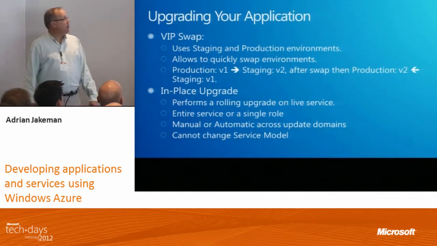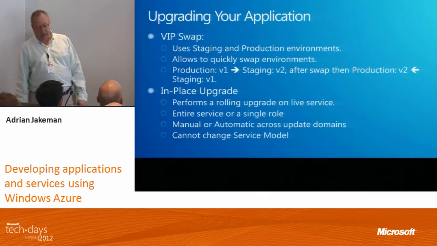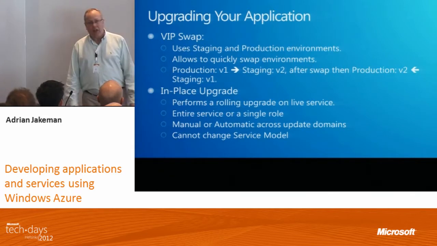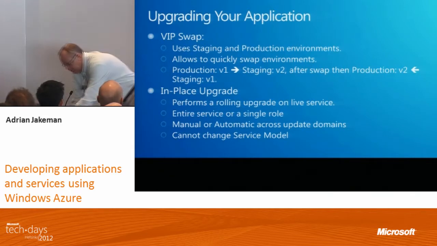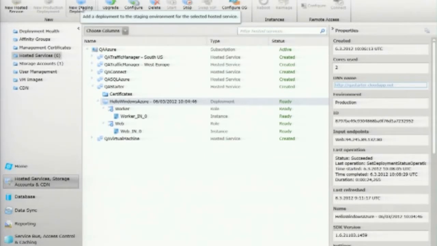There will come times where you want to upgrade your app. How can you upgrade your app? And what do I mean by upgrade? Really what I mean is I can upgrade in 2 ways. Going back into my management portal, you'll notice when I look in my services here, up at the top, I have this option, a new staging deployment or a new production deployment.